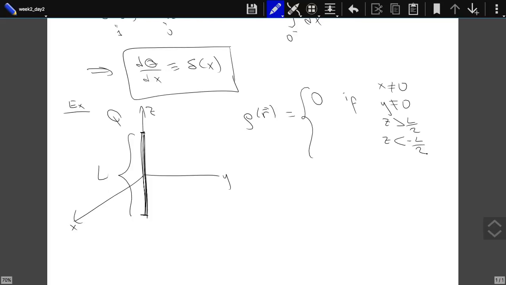So to impose these conditions, z larger than L over 2 or z less than minus L over 2, what we can say is that rho of r is proportional to a product of functions. I want to put a function here that is 0 if z is larger than L over 2, and I already know such a function.